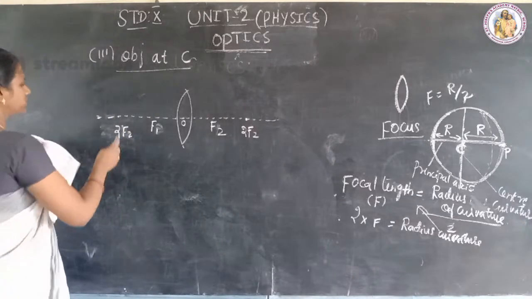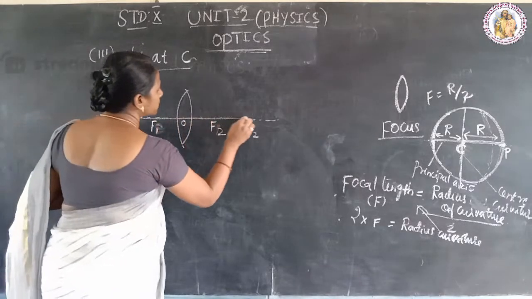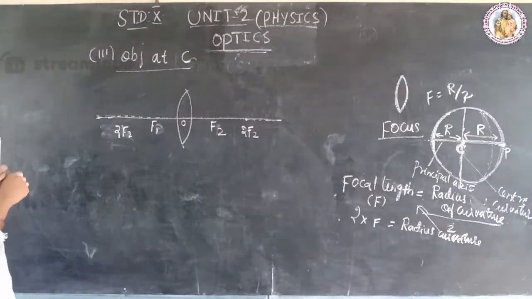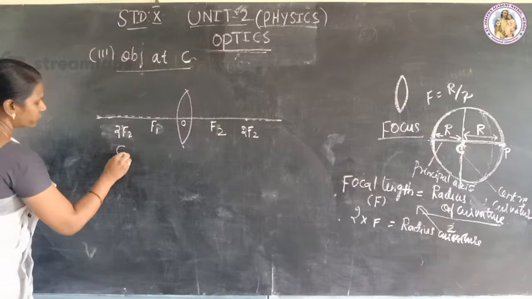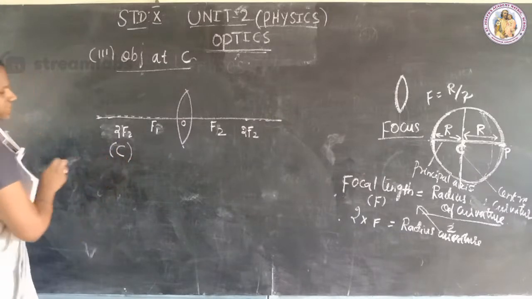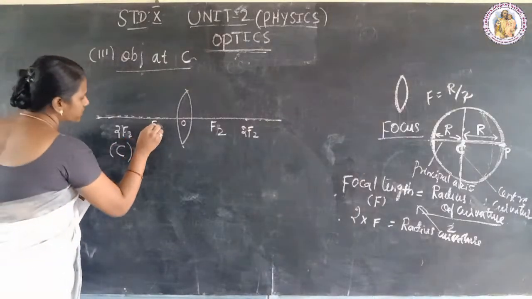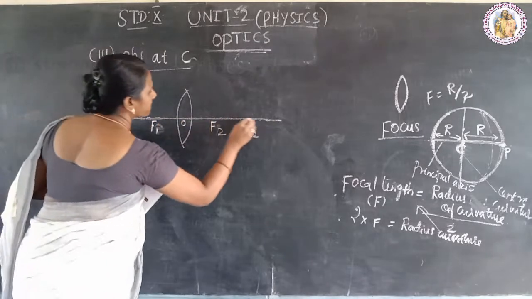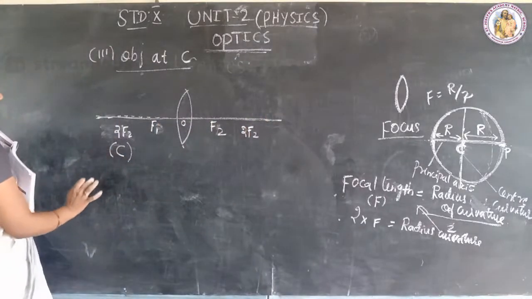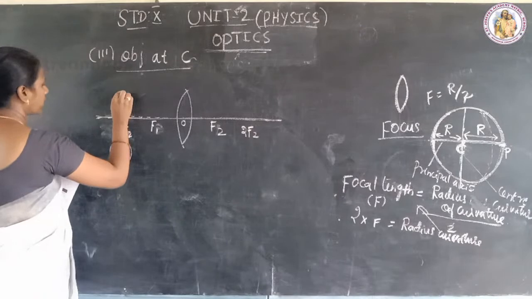What happens this time? This time I am going to keep the object at C. So 2F is otherwise known as C, and F is the principal focus. So here I am going to keep the object at C, 2F.